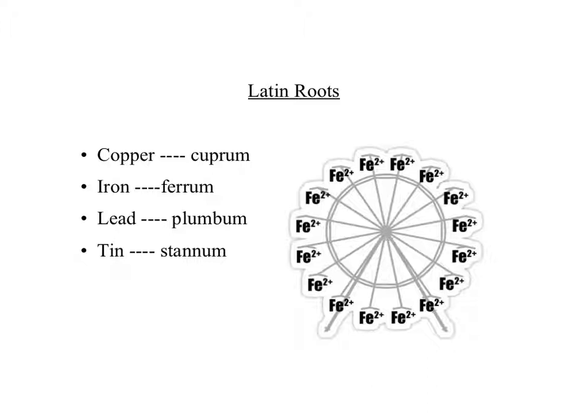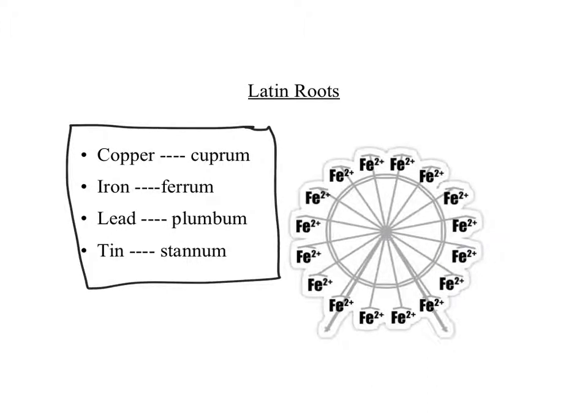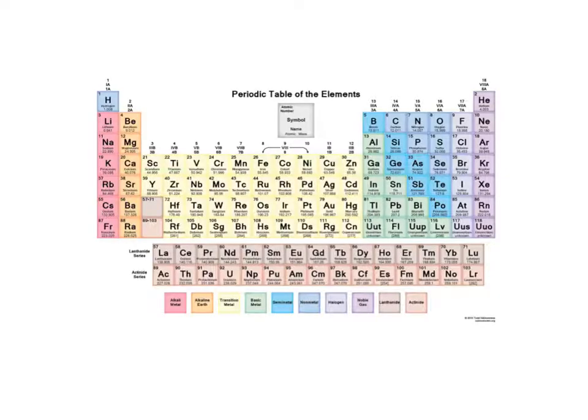Again, with our Latin roots, I just want you to know four. I'm not going to go into the entire periodic table showing you the Latin, but those are the four Latin roots that you'll want to know for this naming, if you're going to do the Latin portion of this. Now, the next question that you should have is what elements on the periodic table need Roman numerals?